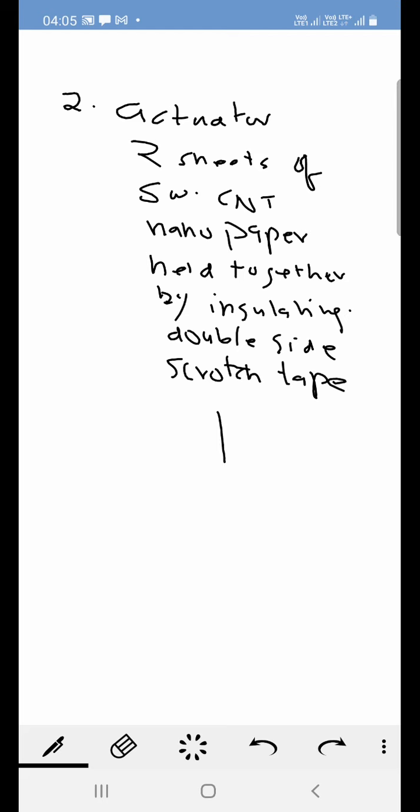So we have one nanotube sheet, and in between there's a Scotch tape, and two sheets of carbon nanotubes held together.